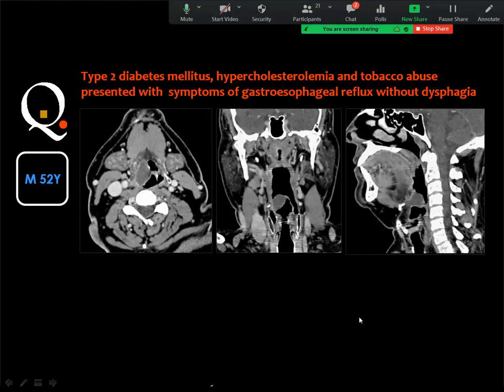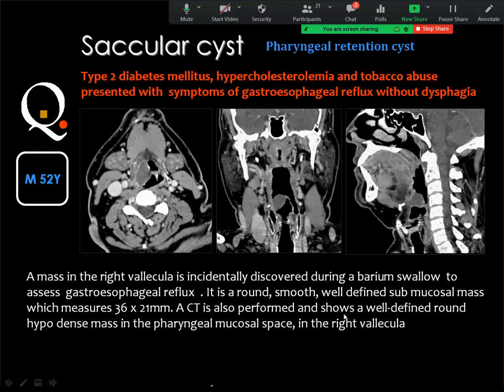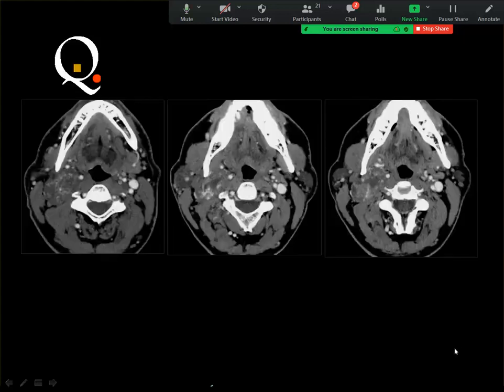Laryngocele may be secondarily infected, and the secondarily infected laryngocele will show air fluid level and significant marginal enhancement and edematous changes in the soft tissues surrounding the lesion. This is known as saccular cyst, or sometimes known as pharyngeal retention cyst.